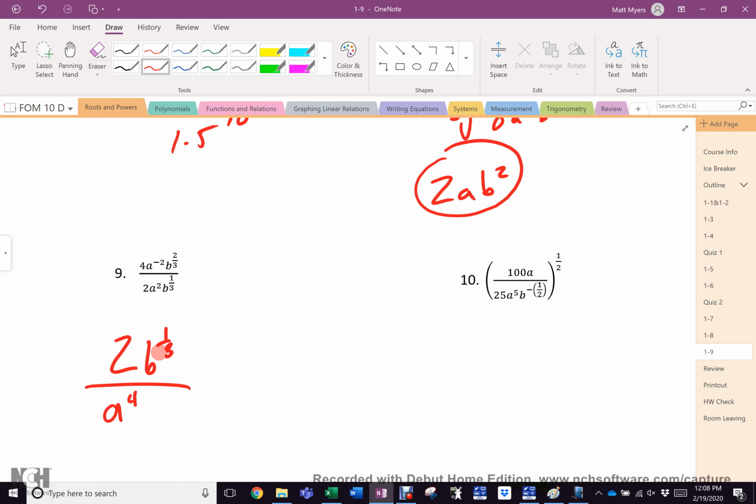What could you do to show me some more math there? Edward. 2 cube root B. Well, we don't write power 1, but yeah. Keep going. A to the 4th. Yeah?